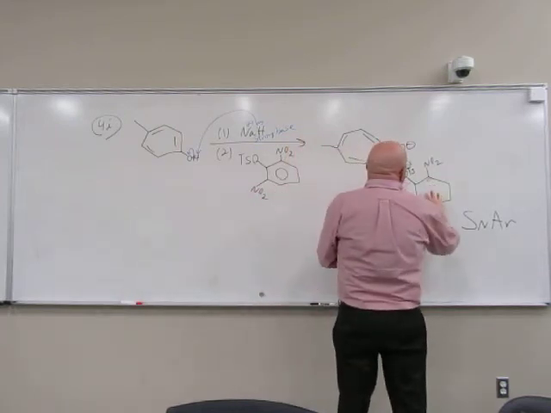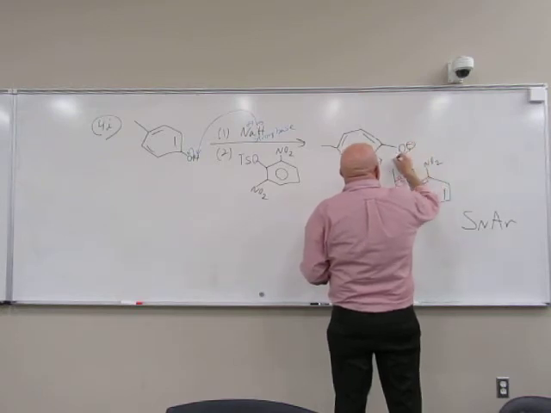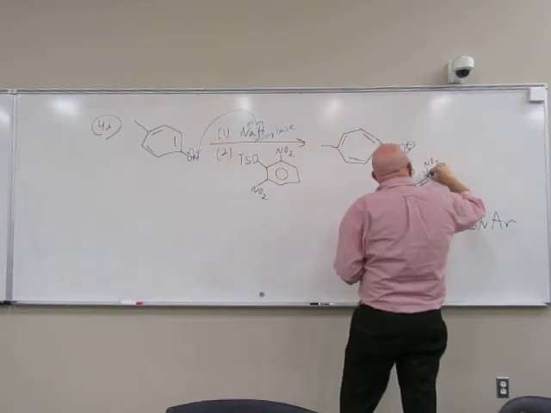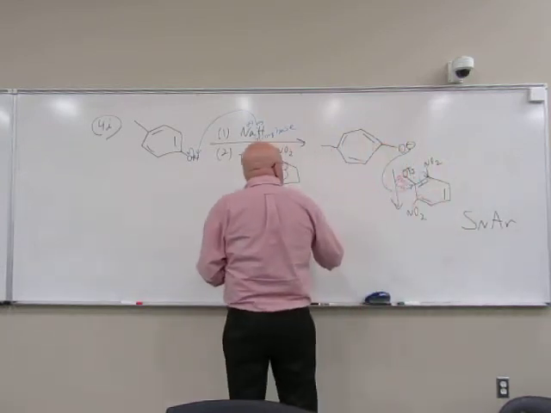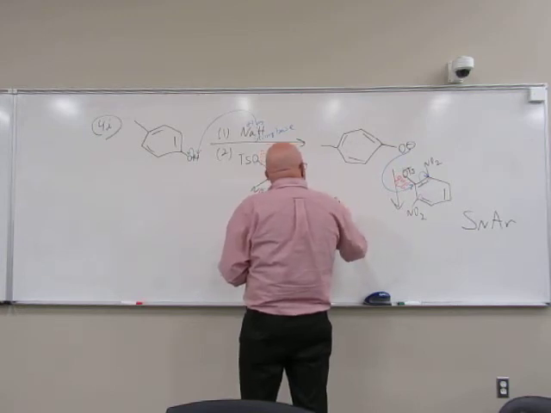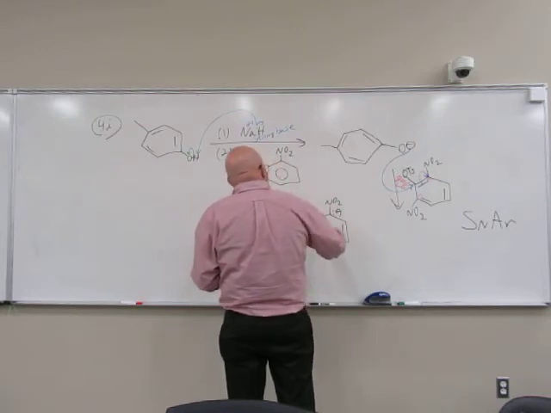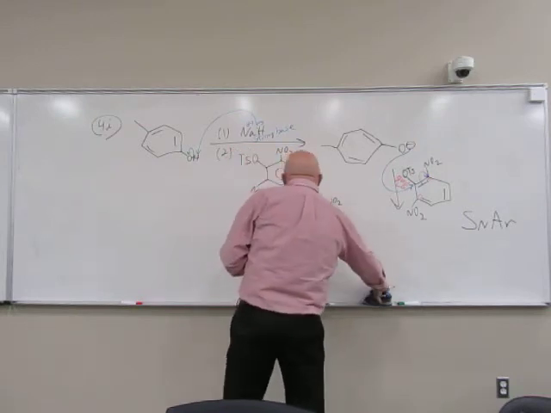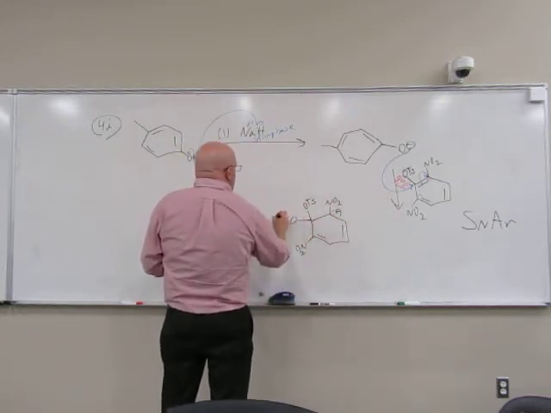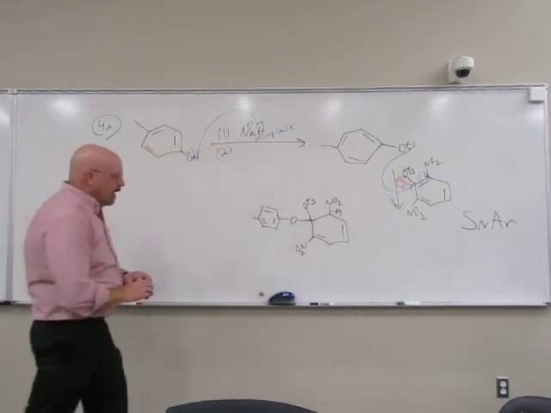So let me go through this. Our nucleophile is going to add to that carbon that has our good leaving group. We kick the electrons into the ring. Those electrons will then kick back in to reform our aromatic ring.